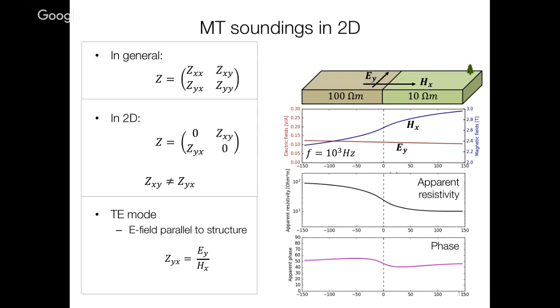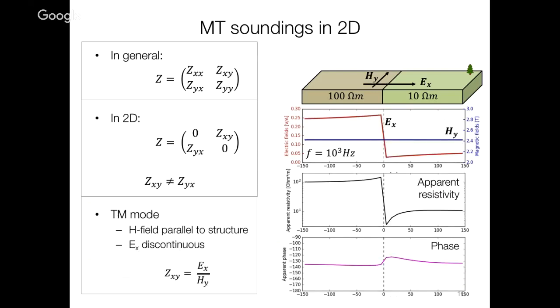Okay? So now we're going to go the other way, so that we look at the electric field in this direction and the magnetic field here. So that's going to be the TM mode. And here's what you have. As the electric field crosses that boundary, remember we have to keep the current density constant.